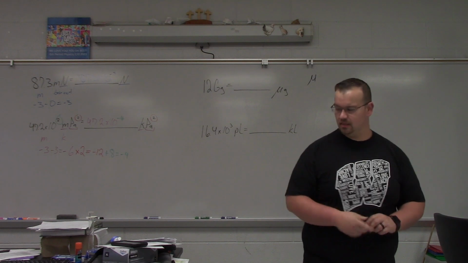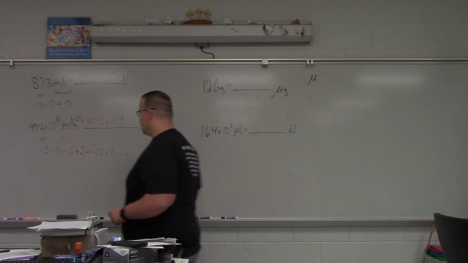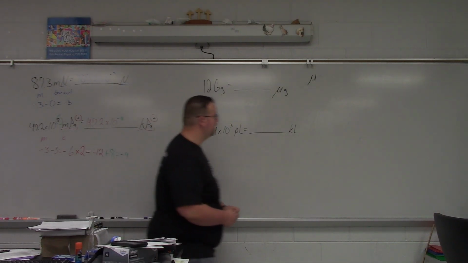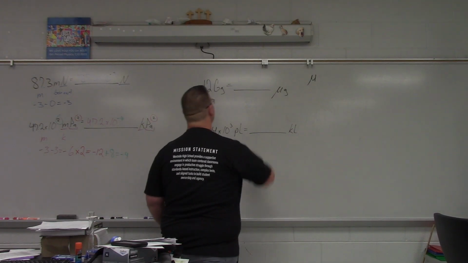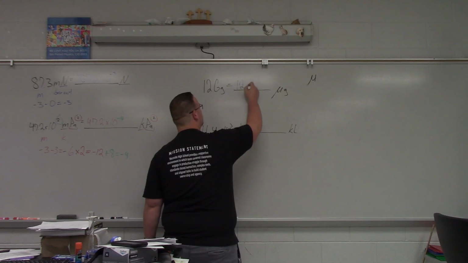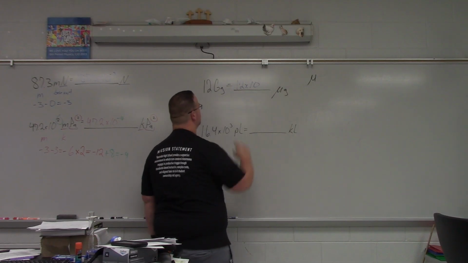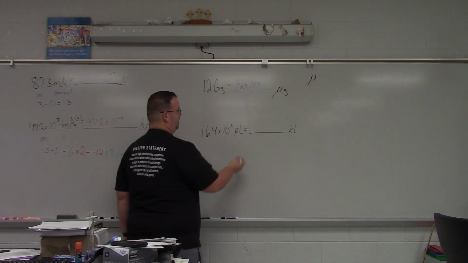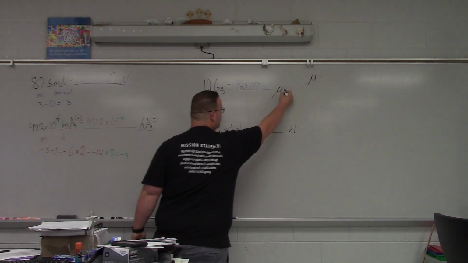Yep. Okay. So, going through these, working through it. So we're gonna write it down. 12 times 10 to something. Then step 2, we find the base unit. What is the base unit? Gram, the little g.